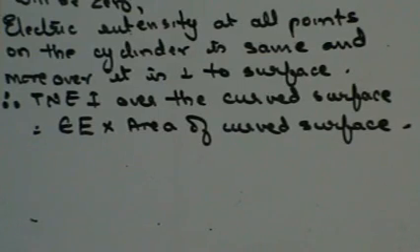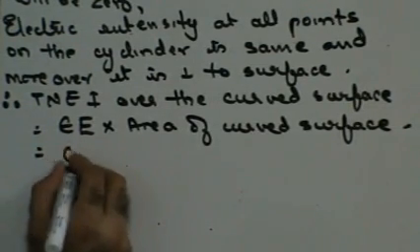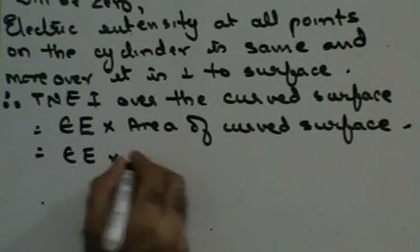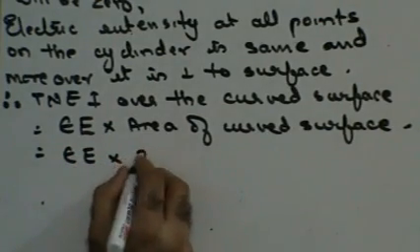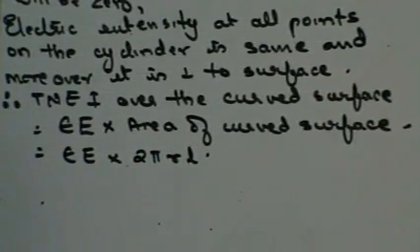That's my formula for total normal electric induction: epsilon E into area of the curved surface. The curved surface area of a cylinder is 2 pi RL.